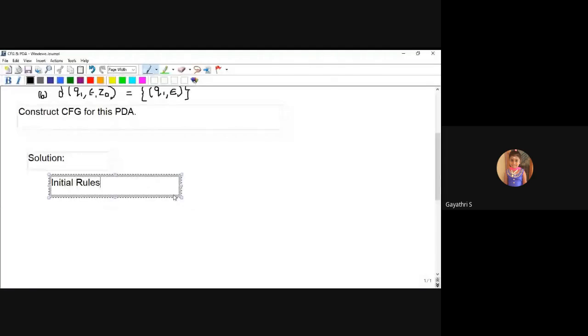So the initial rules are in the form S tends to, starting in state q naught, then the initial stack symbol z naught. It is possible to remain in the same state.